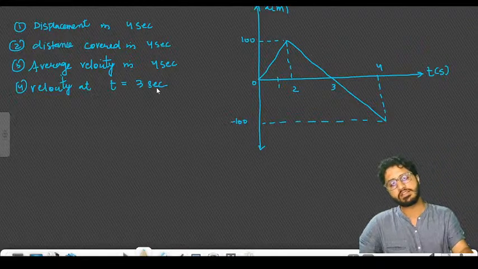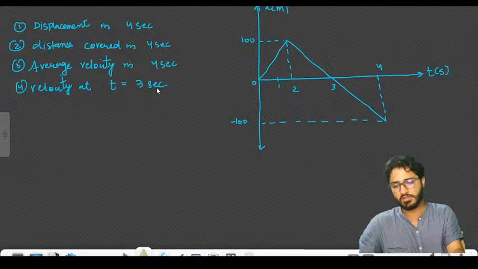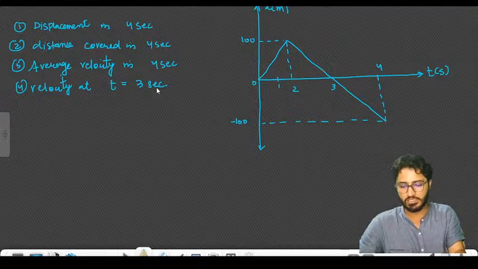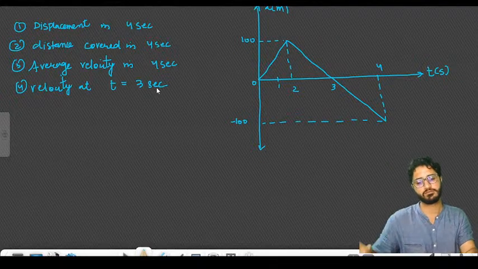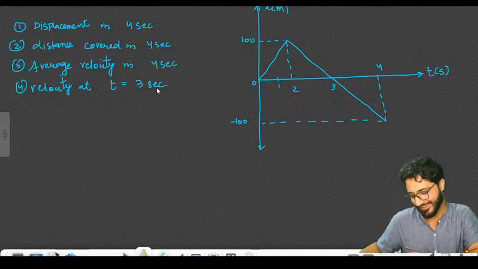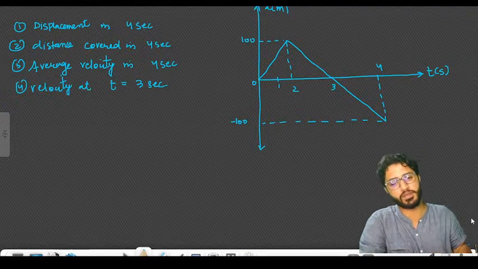This is your homework numerical and I guess you can do it. Tomorrow we will start from graphs, doing 2-3 numericals from graphs. Then we will start motion under gravity. That will take 2 days and the chapter is gone. Easy, no? So how many topics are left now?